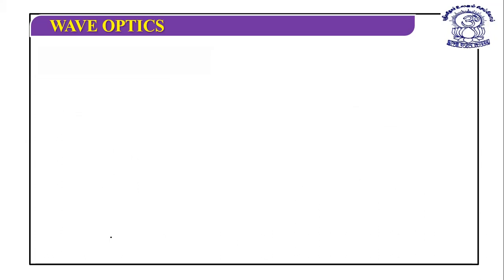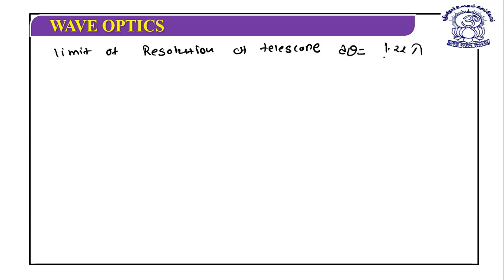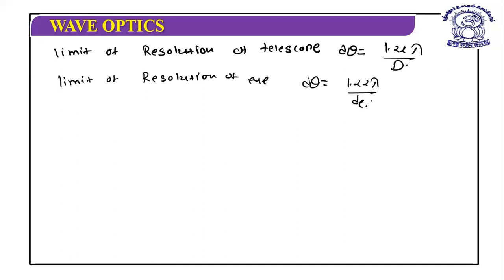Further, the limit of resolution of telescope is given by d theta is equal to 1.22 lambda by capital D, and the limit of resolution of eye is given by d theta dash is equal to 1.22 lambda upon dE.